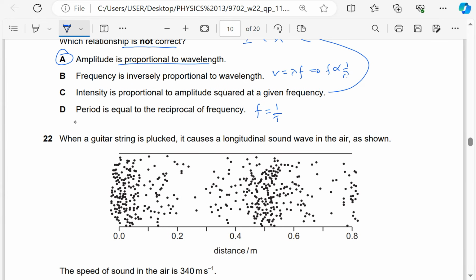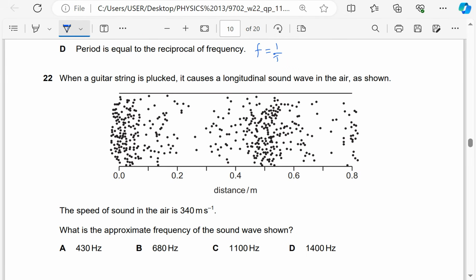When a guitar string is plucked, it causes a longitudinal sound wave in the air as shown in the figure. The speed of sound in the air is 340 meters per second. What is the approximate frequency of the sound wave shown? Okay, so I'll first find the wavelength. I'll say distance between two successive compressions. I think this is 0.5 meters.